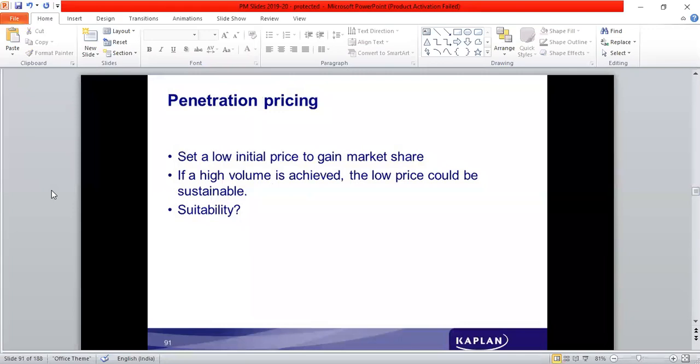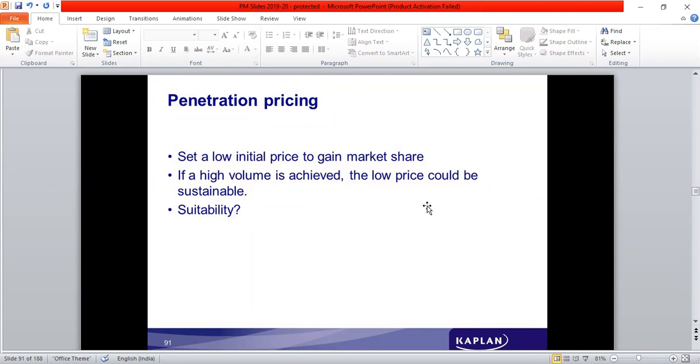Once they understand the product, the concept of that, the advantages of using that, or whatever are the best quality features of the product, they gain the market share. Then slowly they bring up the price or increase the price.